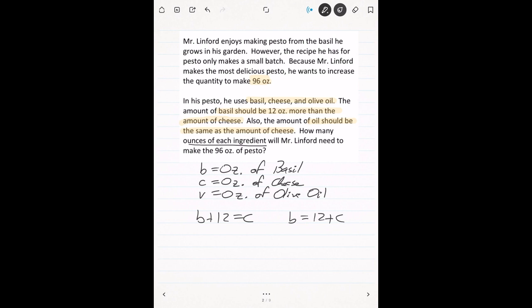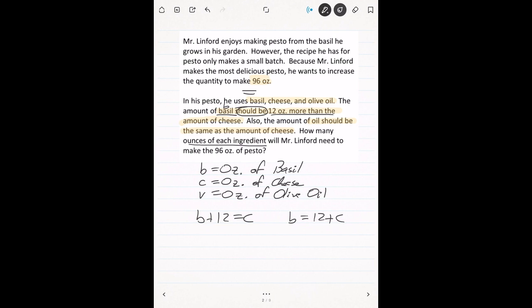A lot of times students get tripped up on this wording where it says should be 12 more than. They tend to get confused. They're like, more than means addition, but are we adding it to the cheese or are we adding it to the basil? Well, one thing I would always say is go ahead and diagram your sentence. We have basil, which is B here, and then we say should be or is. Remember, when you get to that being verb, that's your equal sign.